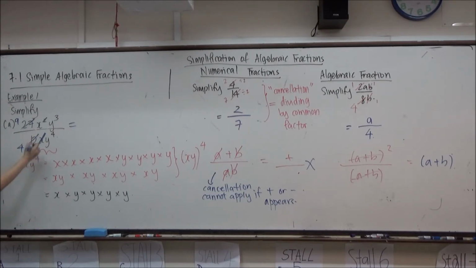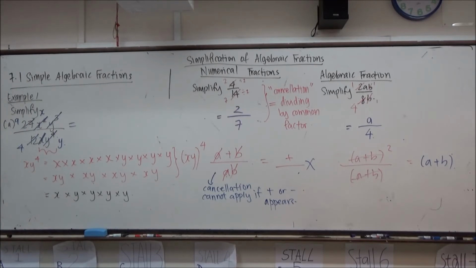If you want to, you can cancel the whole thing lah, then you write single x on, which is also fine. Alright? Then after that, between y cubed and y to the power of 4, how many y's can we cancel? 3 y's. Okay, because smallest one. Alright? So if you cancel away this one, I will only be left with a single y at the bottom. So actually it's cancel 3 y.